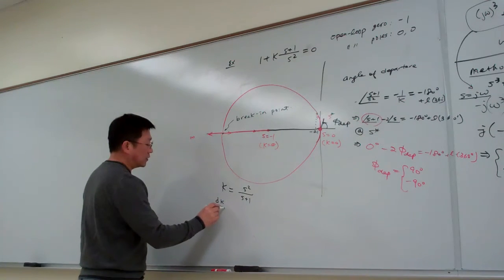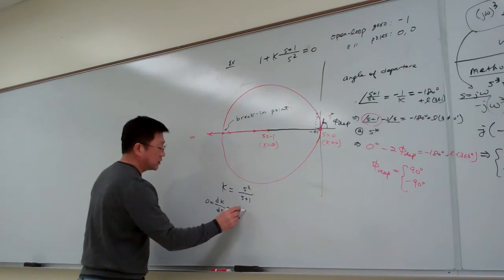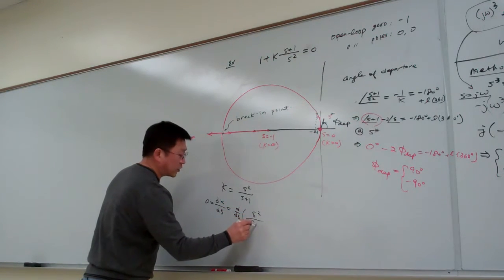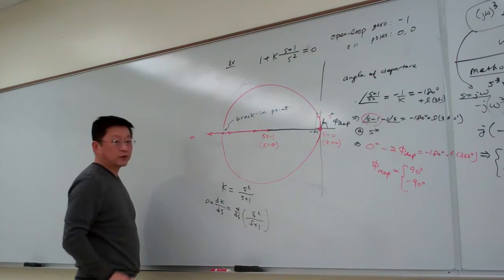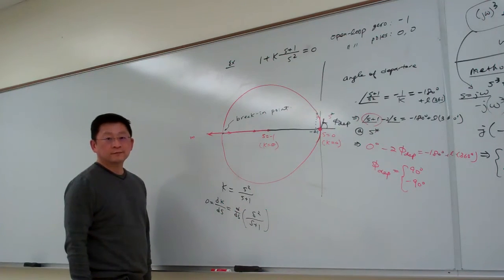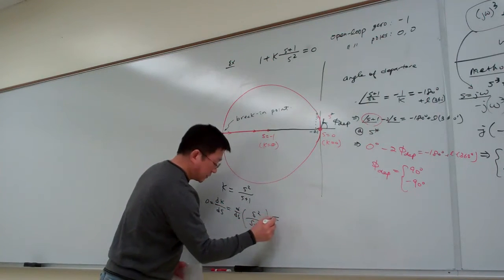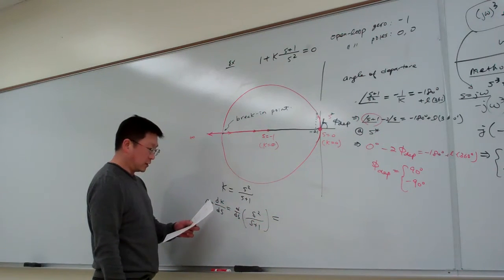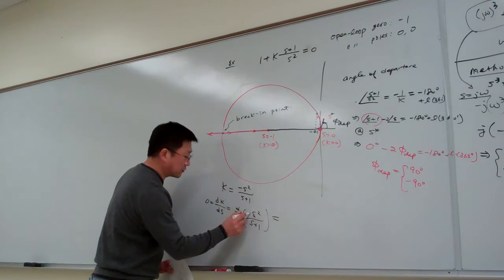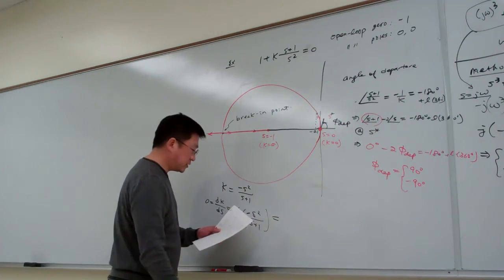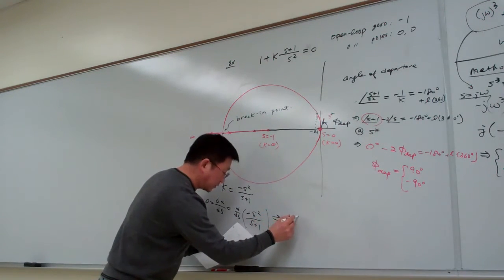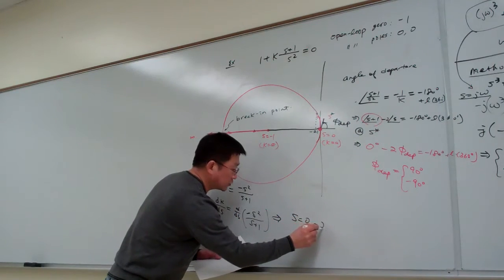And then dk/ds equal to 0, so that means d/ds of s squared over (s plus 1). So right now we apply rule number 6 here. Okay, and finding the roots here, so basically you can find easily that should be s equal to 0 and minus 2.